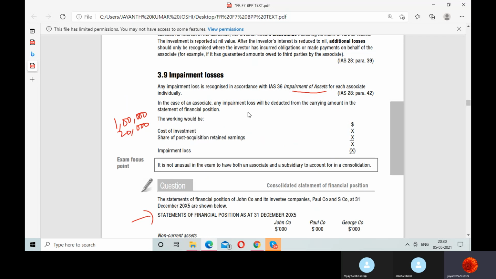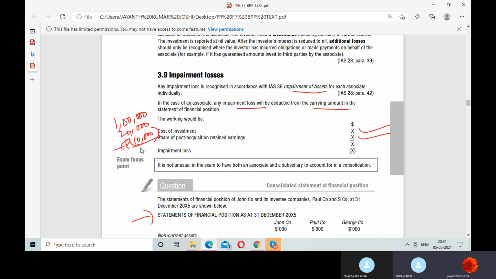That also you need to adjust. Suppose 10,000 you need to adjust here. That should be deducted from the carrying amount. So cost of the investment and share of the post acquisition earnings, you have to deduct the impairment loss. That's it.